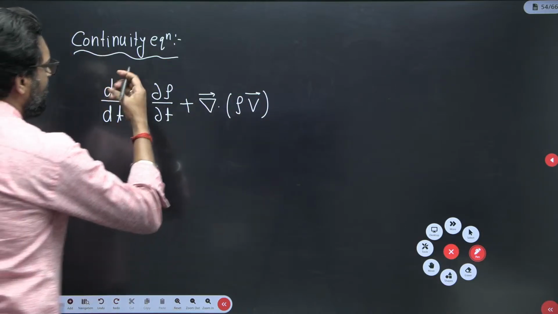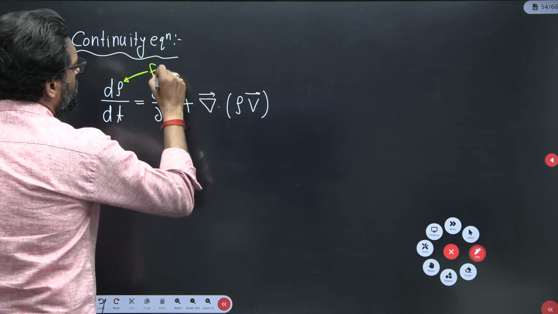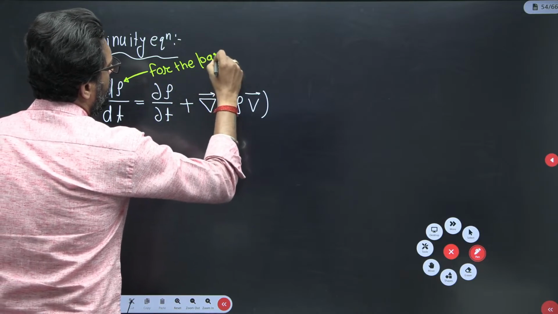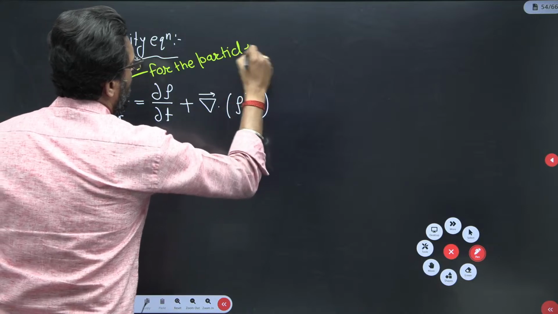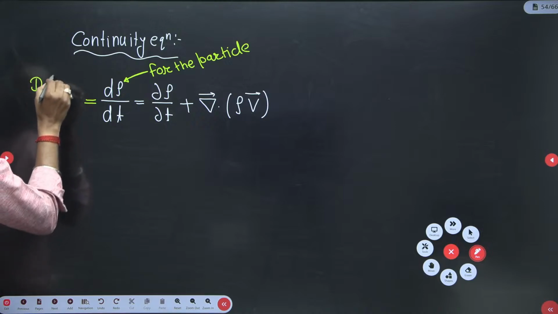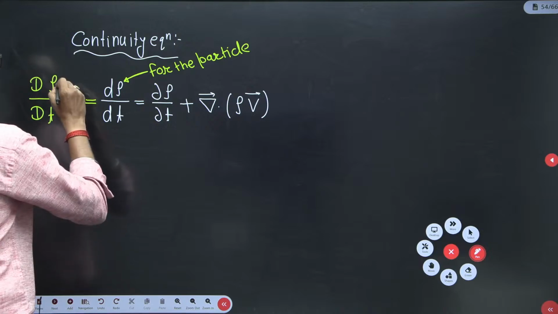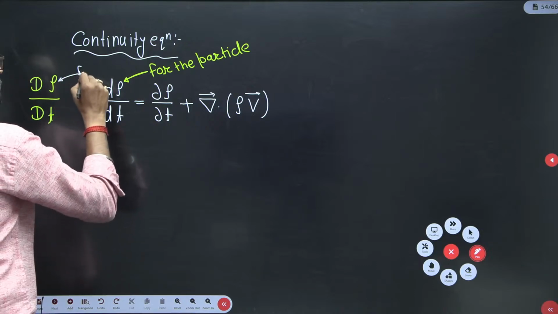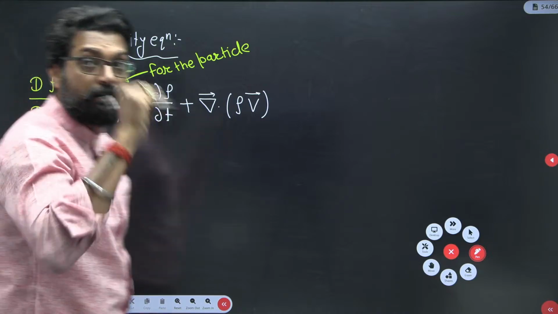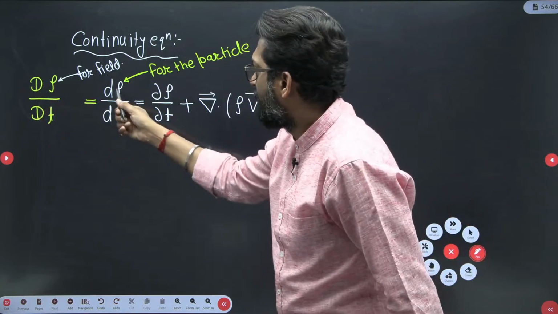My dear, this density is for the particle, and this is the total derivative d rho by dt, and this rho is for the field. This is a total derivative, material derivative, and this is for the particle.